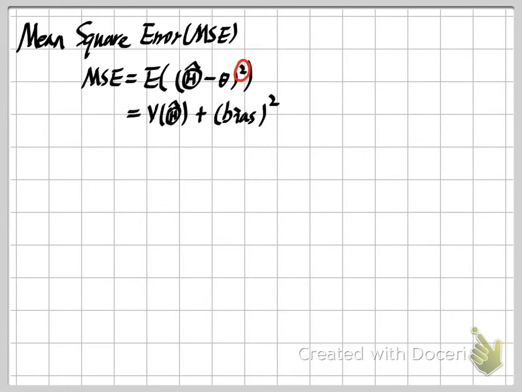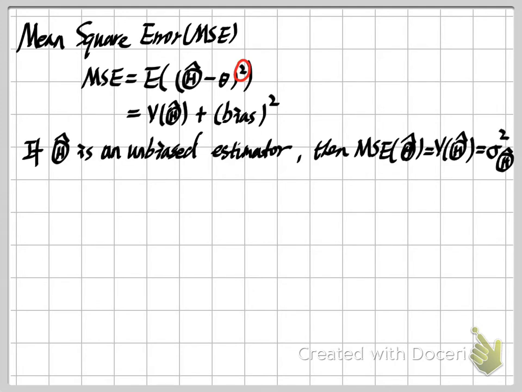This is the definition of the mean square error. If an estimator is unbiased, the MSE just equals the variance of this estimator, because unbiased means the bias equals 0, so the second term in the previous equation equals 0.